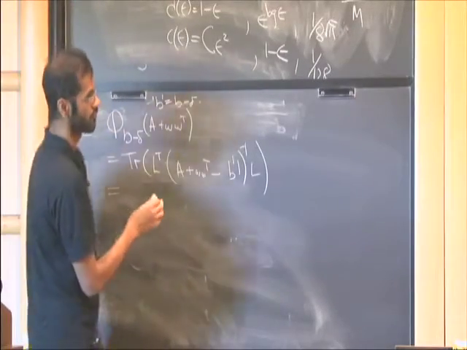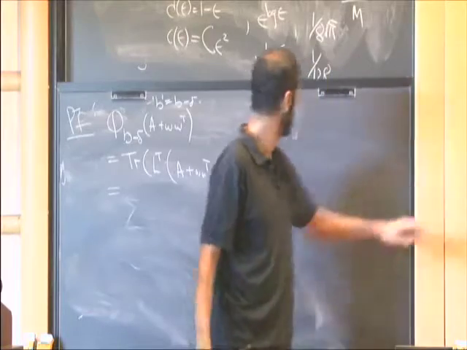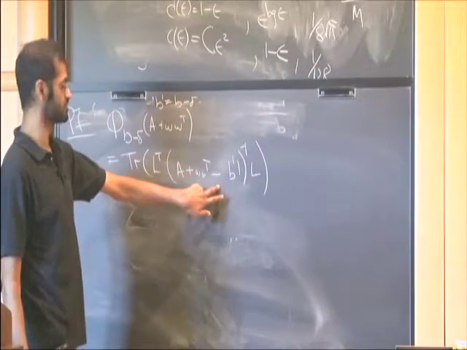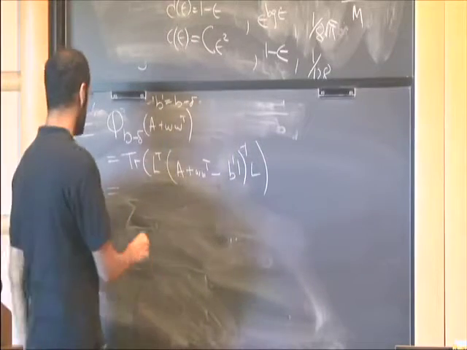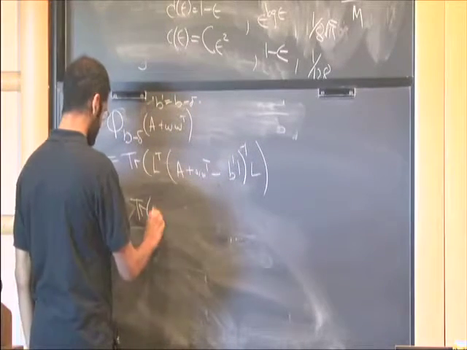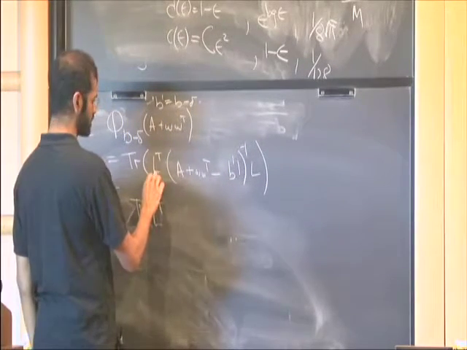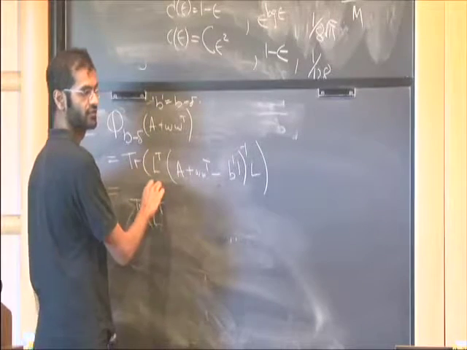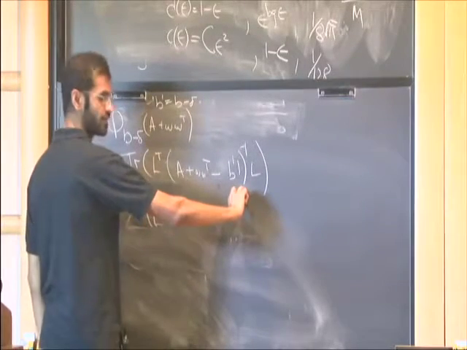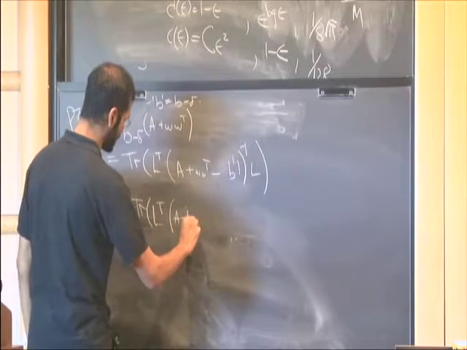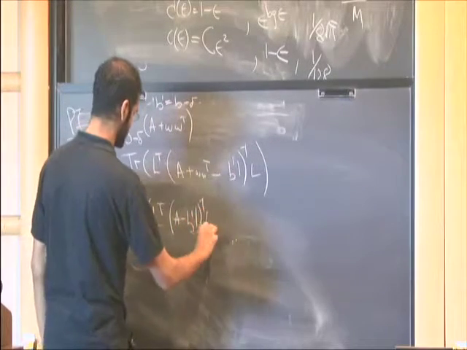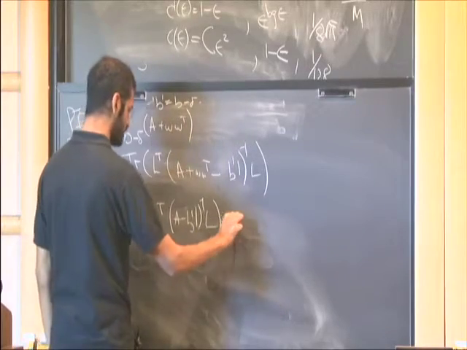I'm going to use Sherman-Morrison, this same thing right here, to expand this. So I can write this inverse using Sherman-Morrison. So I get that this thing is the trace of L transpose. The point is that these L's don't interact at all with the inverse. They're outside the inverse. So I just apply Sherman-Morrison to the thing right in here. And I get L transpose (A minus B prime I) inverse L minus.